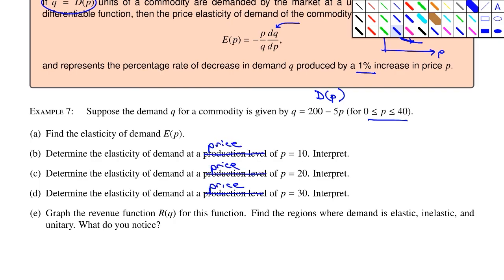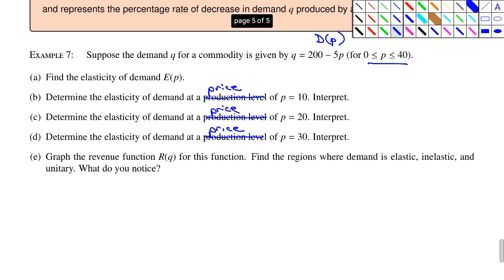B, determine the elasticity of demand at a price of P equals 10, price of P equals 20, and price of P equals 30. And then graph the revenue function R of Q, and find the regions where demand is elastic, inelastic, and unitary. And what do you notice? All right, so let's get to work here.